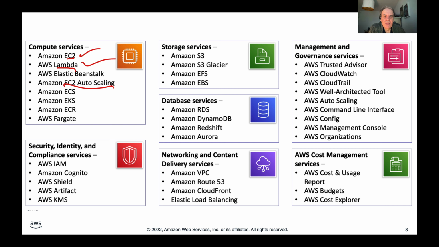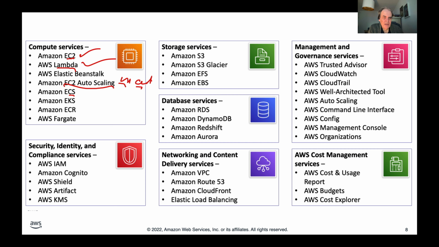EC2 scaling allows us to scale in and scale out. We scale out to add compute power to cope with higher demands, and we scale in to reduce our compute power.